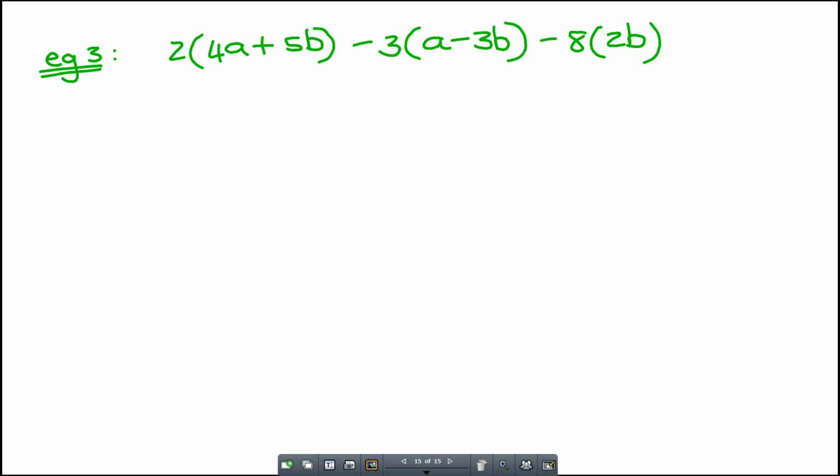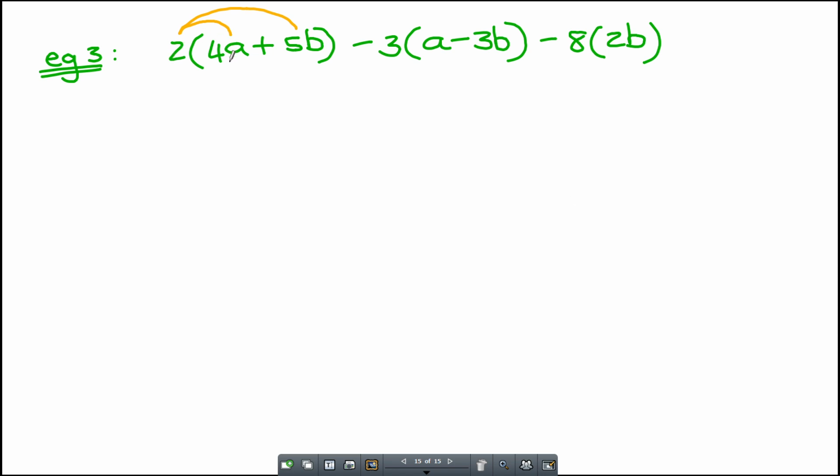Okay, now, what we have here, first things first, how many terms? 3. 3, nee? Okay, so, remember when we multiply, you only multiply what's written in front of it. So this 2 must be multiplied with a 4a and with a 5b. No. Okay, so let's start with that.